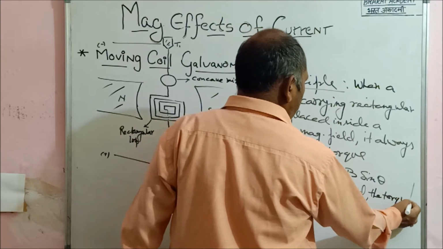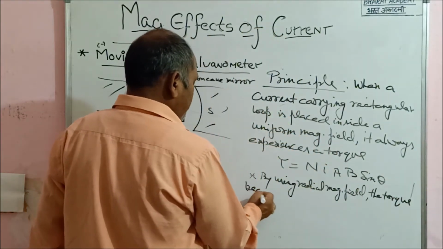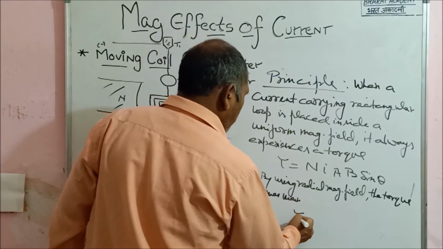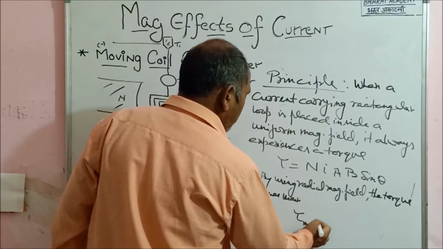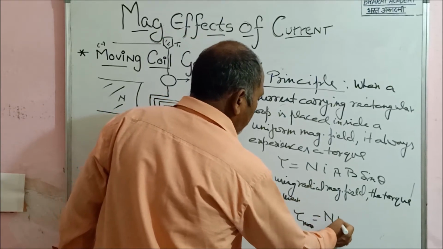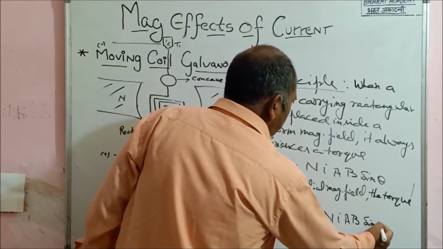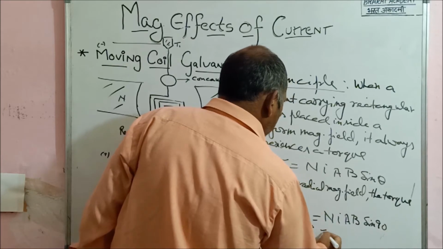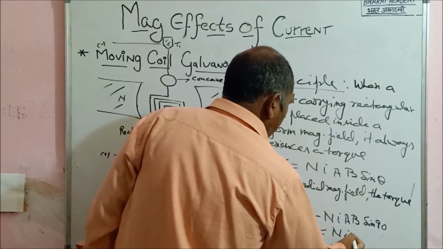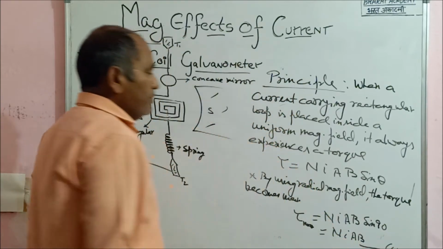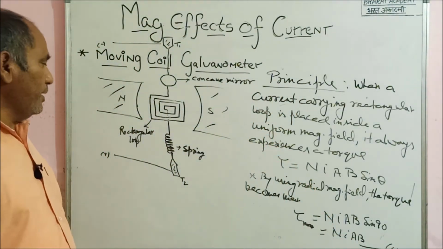The torque becomes maximum. So the torque experienced by the coil will become NIAB, because of the radial field it becomes sin 90. This is the torque produced in that coil.